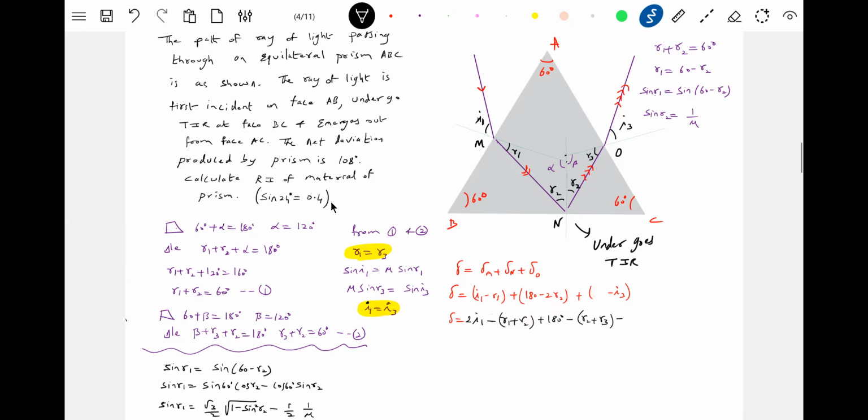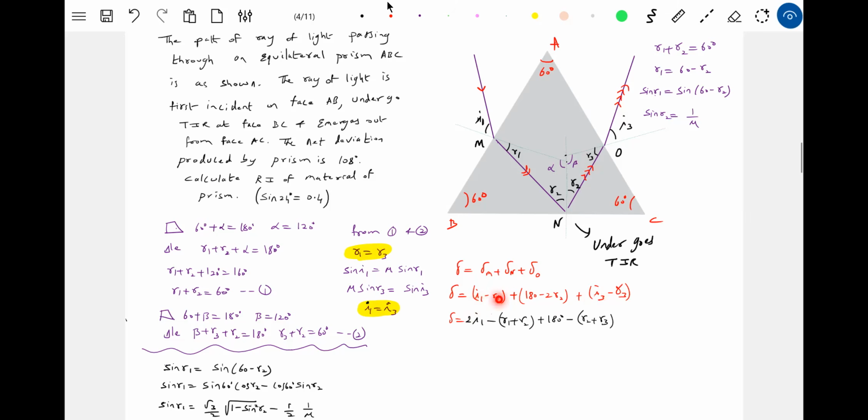Here, this went from I3 minus R3. Angle of emergence minus angle of incidence. So I1 equal to I3.